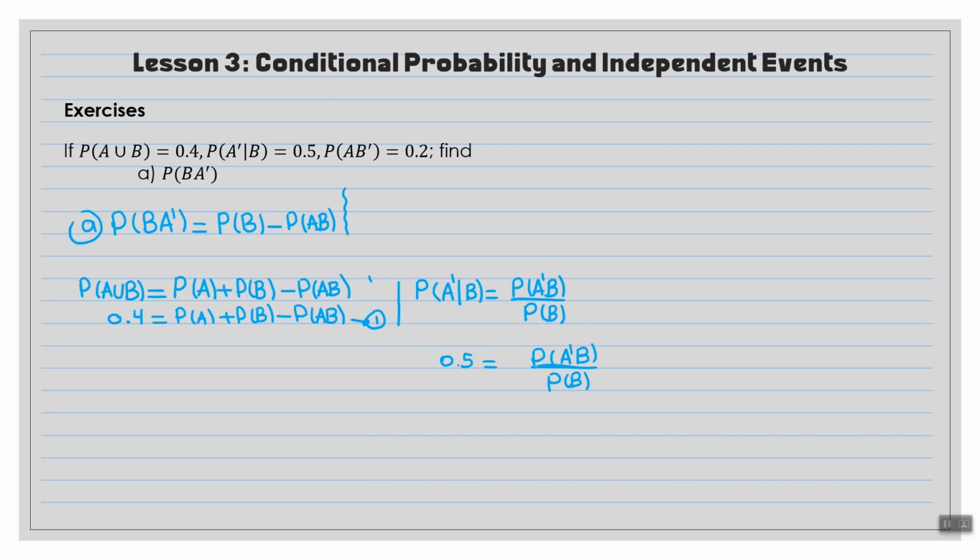The one in the numerator, which is the probability of A dash B, is equal to a rule that we have studied in the previous class.